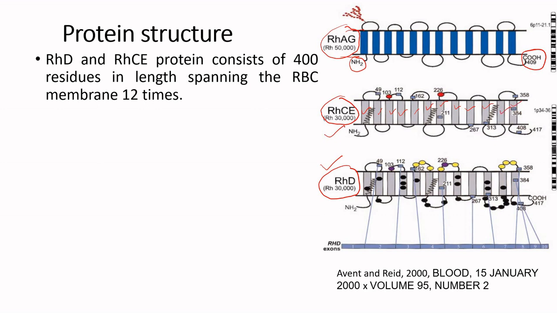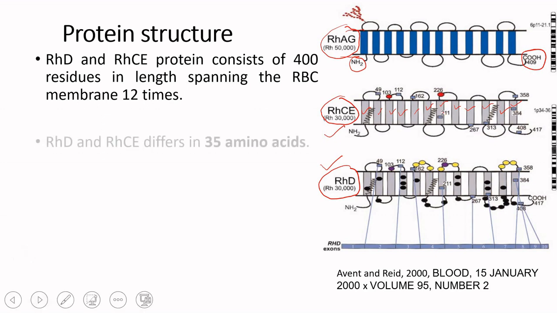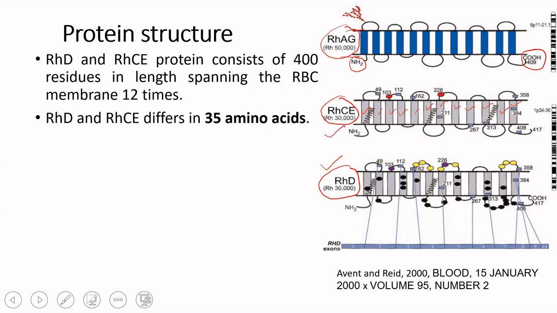You can count 12 incidents where this particular chain is traversing this RBC membrane. Now, RHD and RHCE only differ in about 35 amino acids from each other. The difference between these two is 35 amino acids.